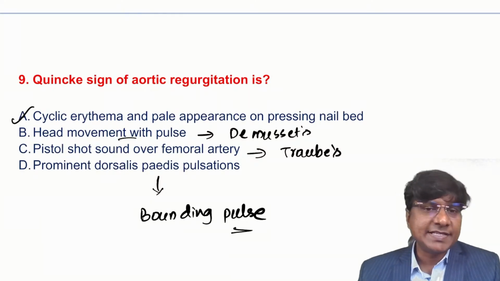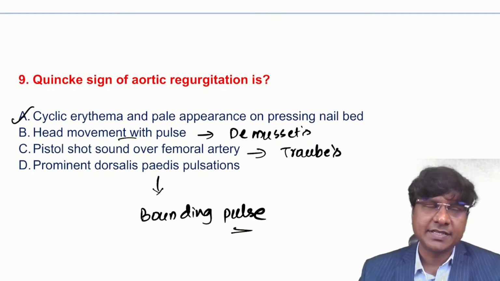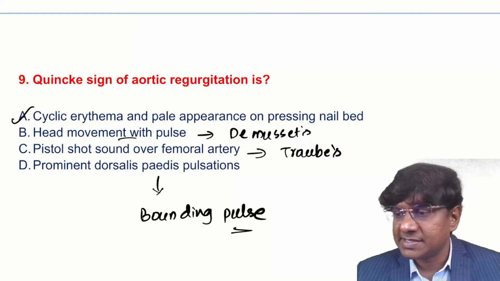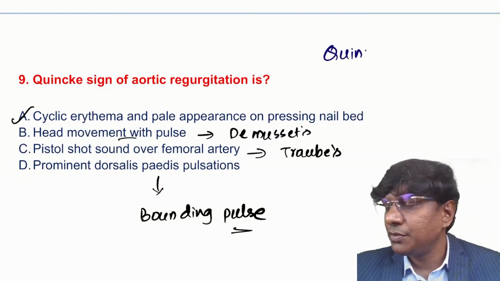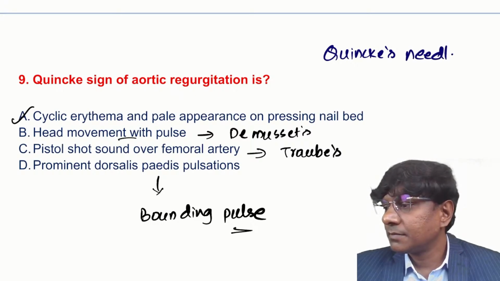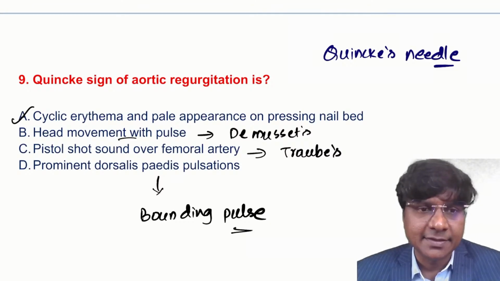Okay. So the cyclical erythema and pale appearance on pressing the nail bed is what is called the Quincke's sign. Is anyone aware of this needle? Quincke's needle. Where do we use this Quincke's needle?